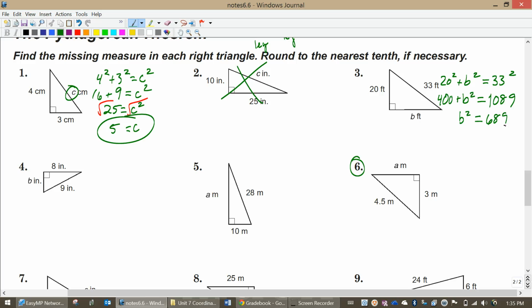To solve this, you need to square root both sides of the equation. What is the square root of 689? 26 point blah, blah, blah.